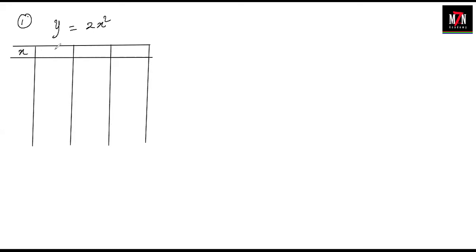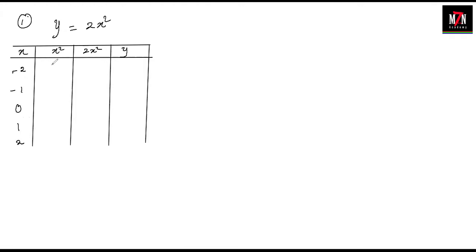Here you can write x, x squared, 2x squared, that is equal to y. Here we should have at least 5 points to draw the curve. So I'll start from -2, -1, 0, +1 and +2.